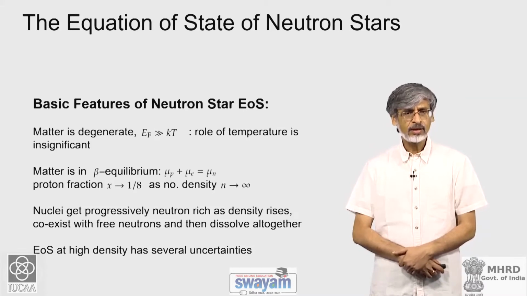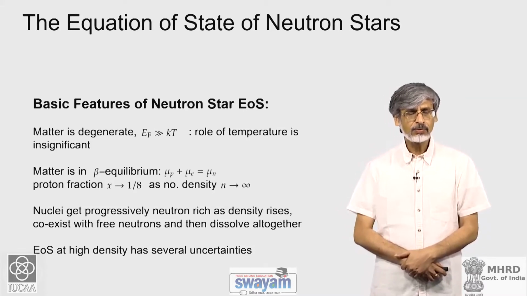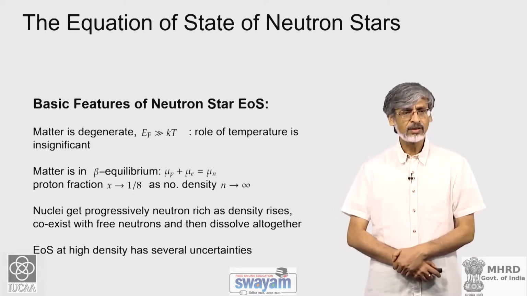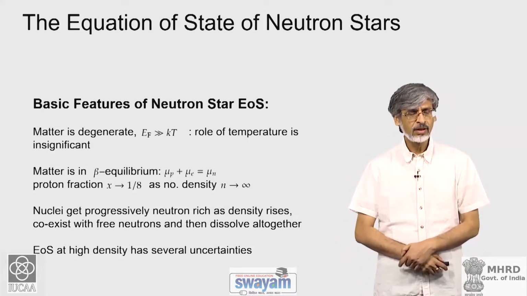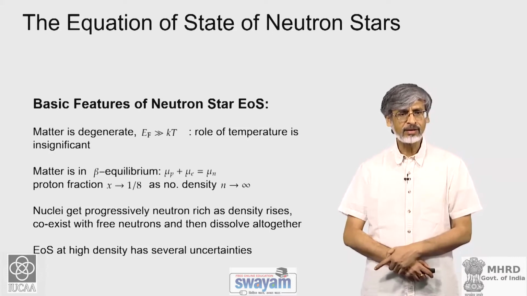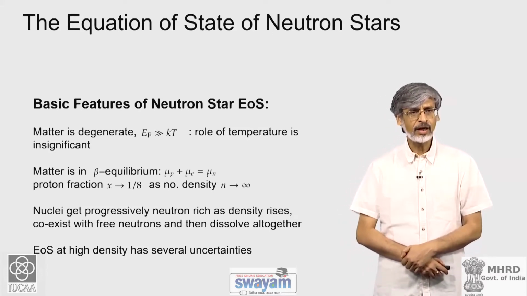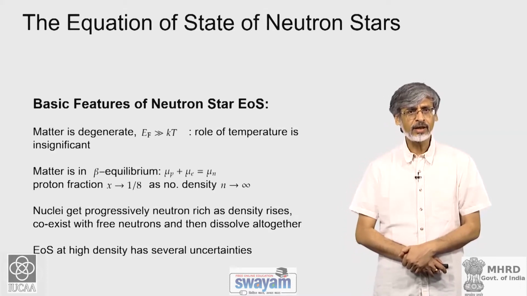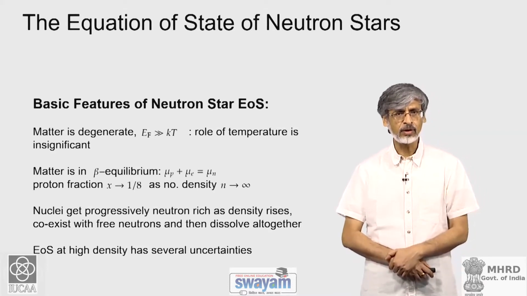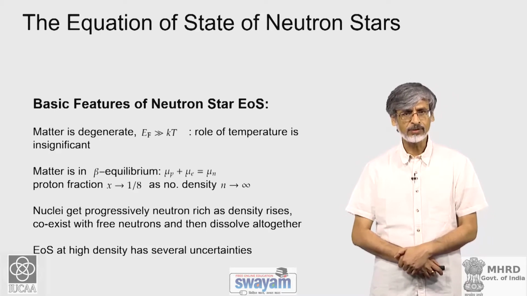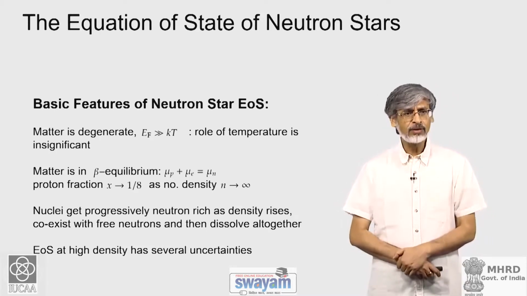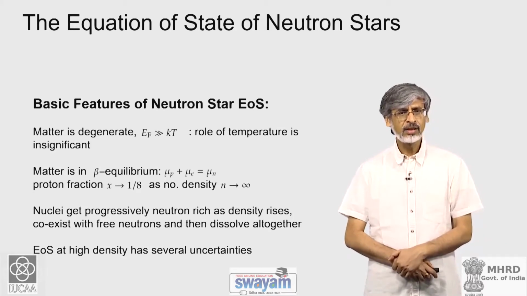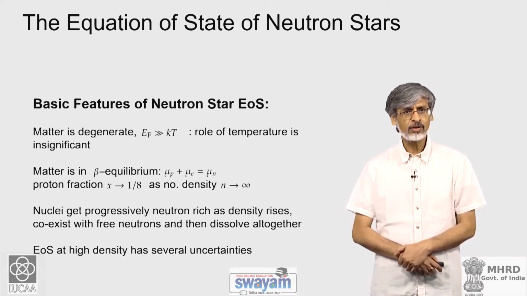As the density rises from relatively low density, the proton fraction goes through a minimum and then it rises again at high density, saturating at a value of about 1/8 or about 12% as density goes to infinity. A rough overall value over the entire neutron star is a proton fraction of about 10%.